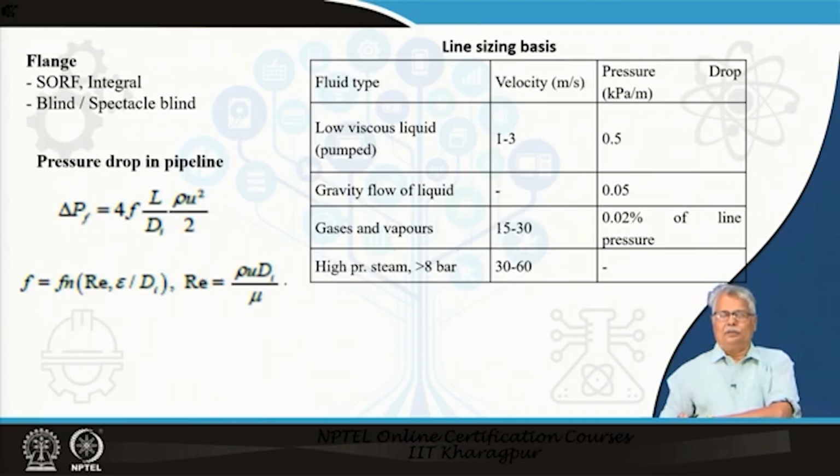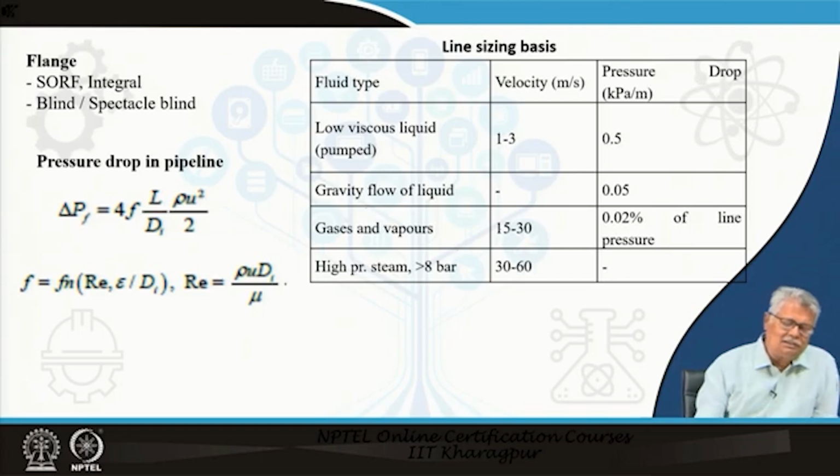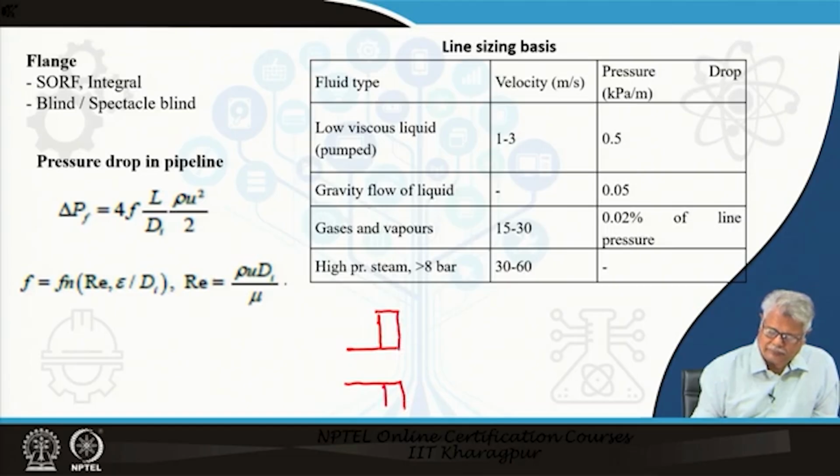Now, we talk about the flanges. The most common flanges are, if I have a pipe like this, I could always have a flange mounted on this. This is a slip-on type of flange. It will be welded here.